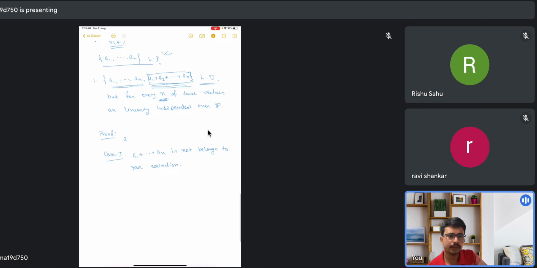Then we are done, because if this one does not belong to our collection, then our collection is this one only, and we are already given that this is linearly independent, so we are done.